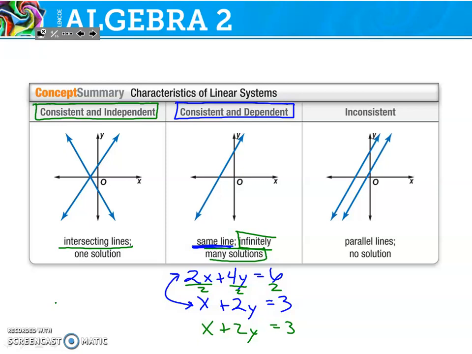The last one that we're going to talk about is an inconsistent system. And an inconsistent system is your parallel lines. Now, we talked about with parallel lines that means that they're not crossing, and our solutions are where they cross. So for this one, we have one solution because that's the one spot that it crosses.